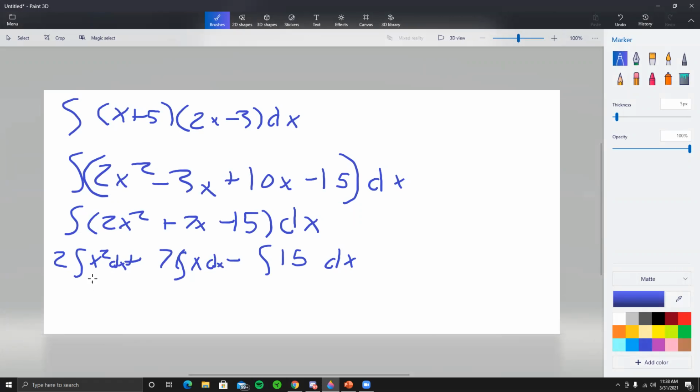So here we can find, using the power rule, that the answer is just going to be 2 times x cubed all over 3 plus 7x squared all over 2 minus 15x using the constant rule, plus c. So that is about it that I have. I guess if there's any questions, I can answer them.